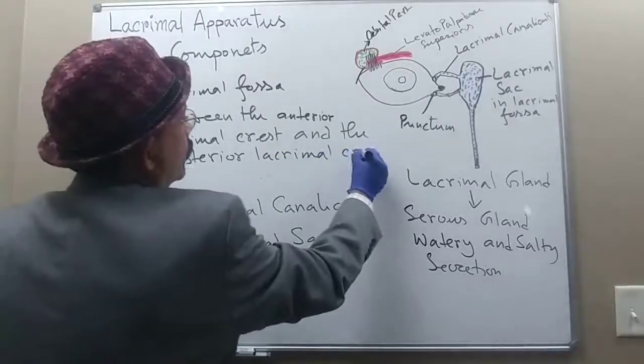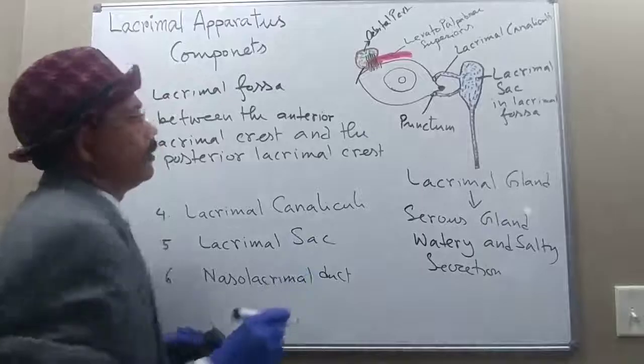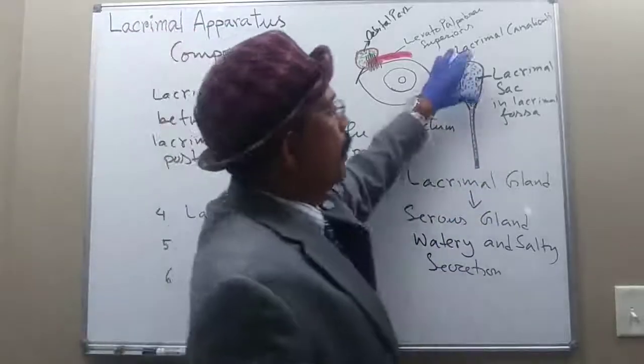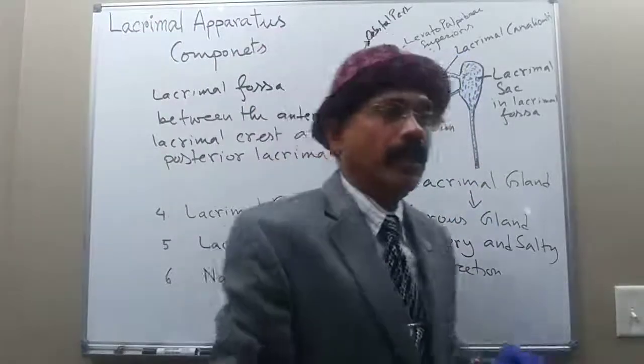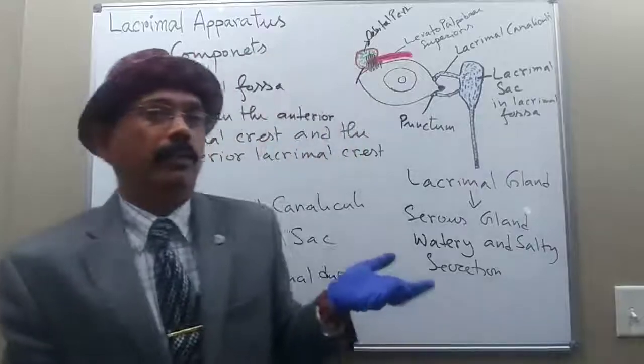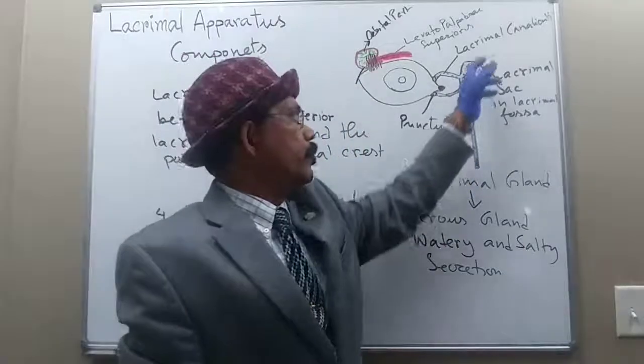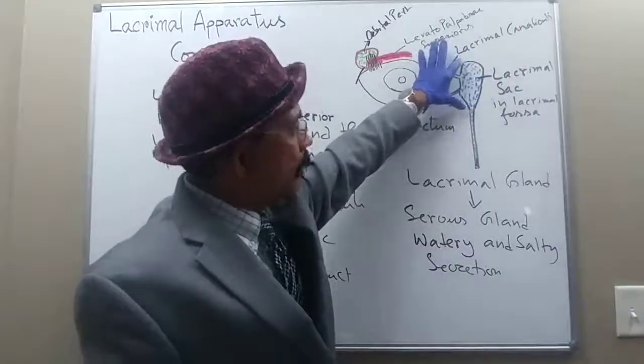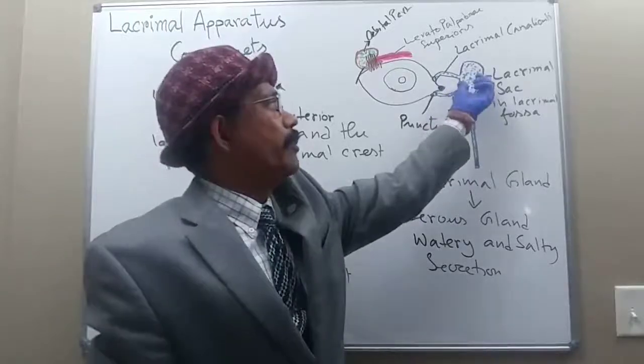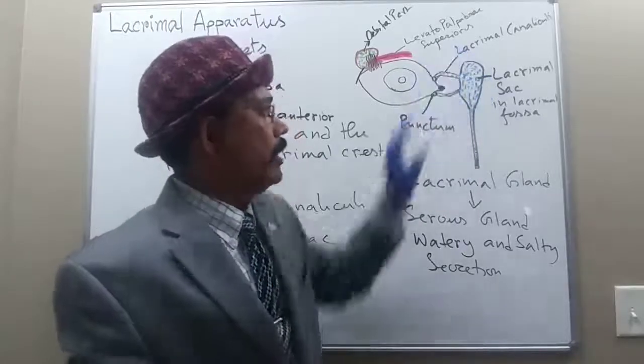So we got the lacrimal fossa, the location of the lacrimal sac. The lacrimal sac is around 12 millimeters in length and around 8 millimeters on the side.